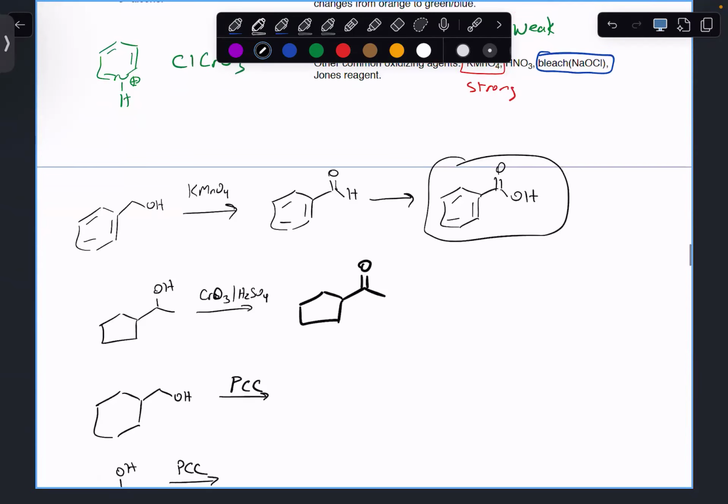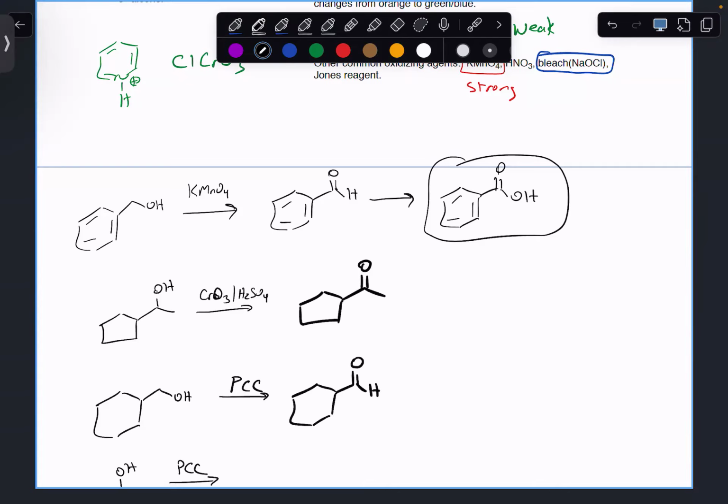Now let's see an example with the PCC. Remember, the PCC is our weak oxidizing agent. So if we have a primary alcohol like we do in this third example, primary alcohols always oxidize to the aldehyde initially.